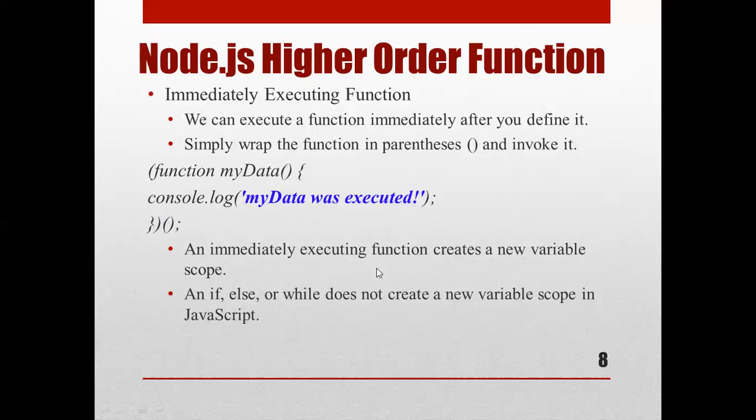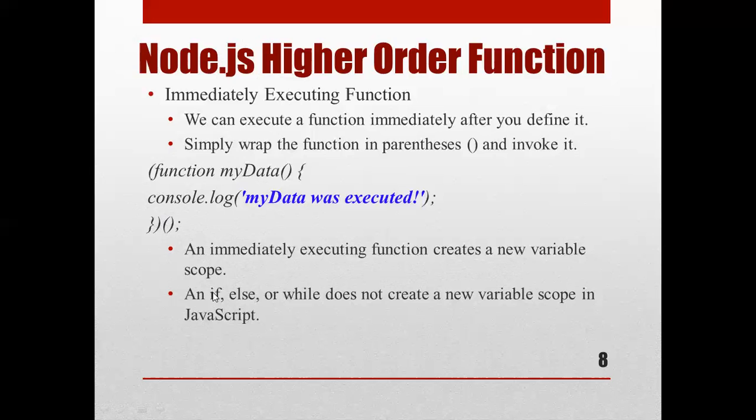Here you can see an immediately executing function creates a new variable scope. We are going to execute that function immediately after declaring or creating it. We are directly executing or calling this function. So an immediately executing function creates a new variable scope.